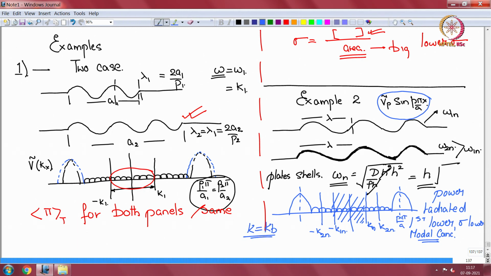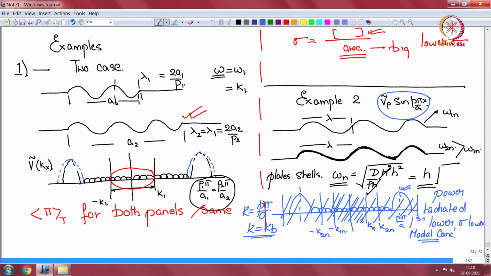Here it's just k equal to p pi by a. Once it crosses p pi by a, you get a very large range of wave numbers within radiation, and the radiation efficiency is close to 1.